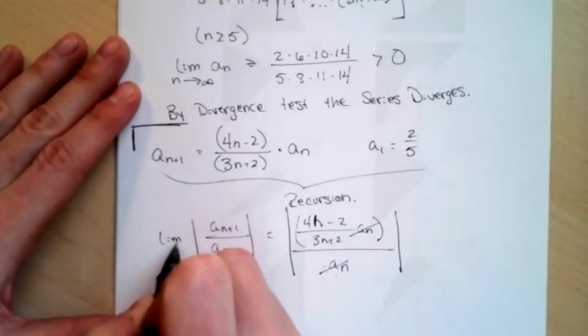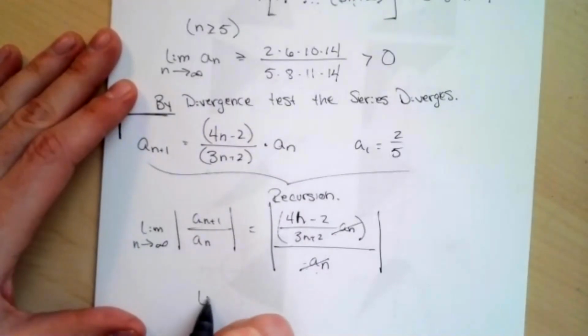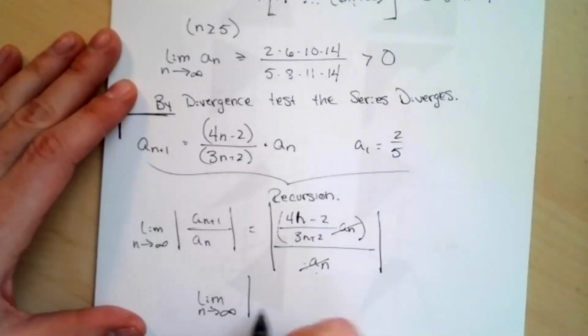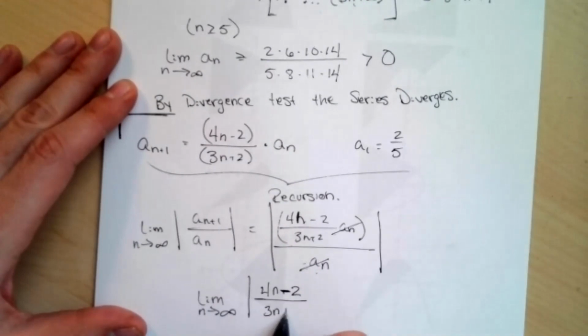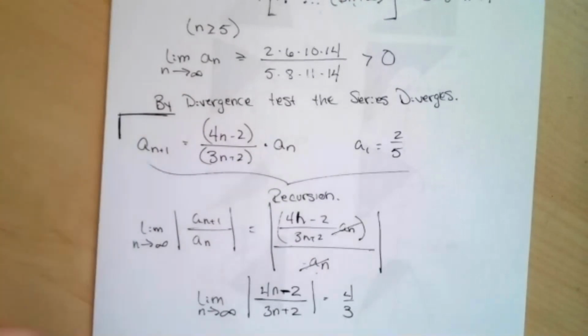And we, of course, want the limit as n goes to infinity. And now, as you were looking at earlier, if we just look at the limit of these guys, that limit is 4/3.